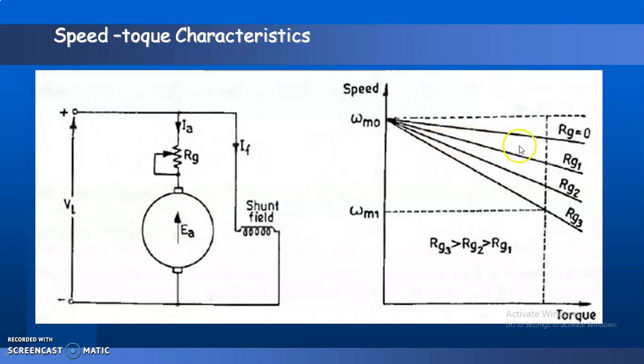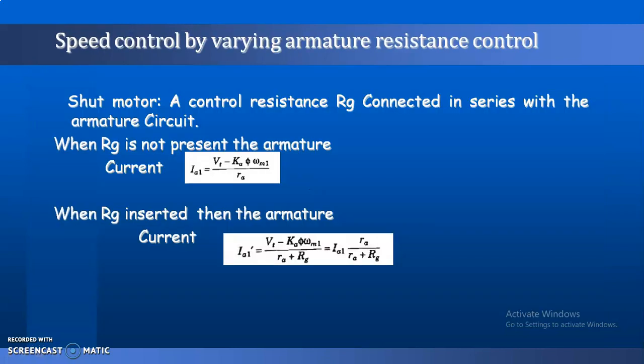So we are increasing the resistance here: Rg3 is a higher resistance than Rg2, and Rg2 is higher than Rg1, so the speed is linearly decreased. Increment of external resistance means speed is linearly dropped down.